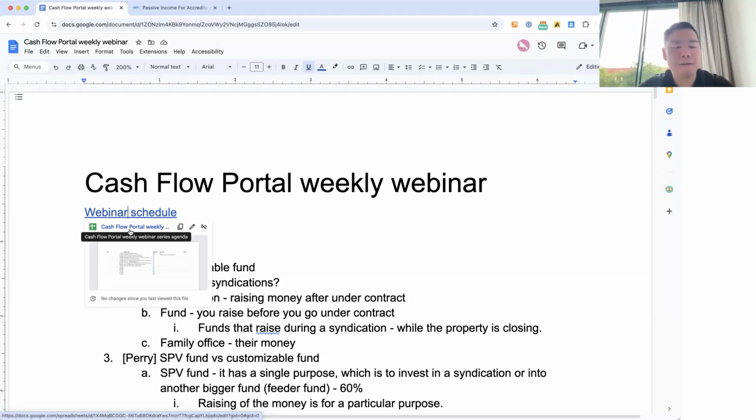It doesn't mean that everyone in your soft commitment list will end up investing. It means that there will be some people that back out, but there will be other people that never fill out that soft commitment form that end up investing. And then it also means that you're going to get more investors in addition to the ones on your list. And so it provides a good heuristic. So yeah.